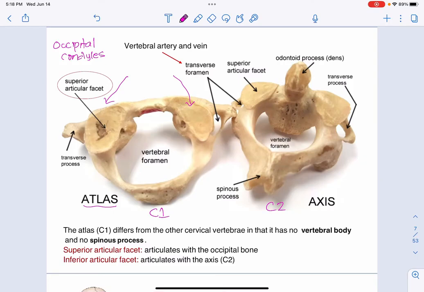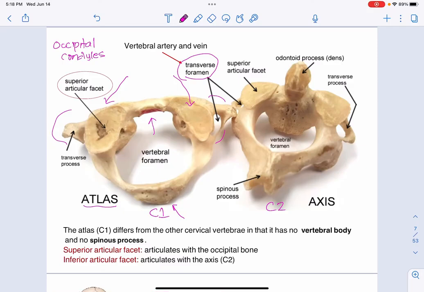The atlas is different because it has no vertebral body and no spinous process. It does have the transverse processes, you can see them here and here, and it has the transverse foramen. Again, the vertebral artery and vein run through that foramen.